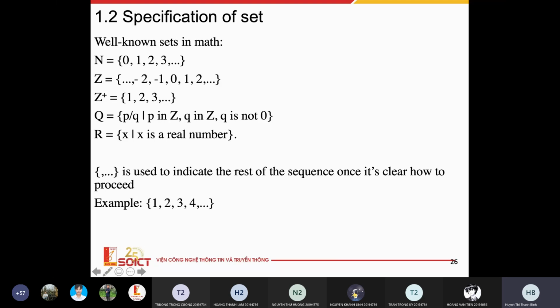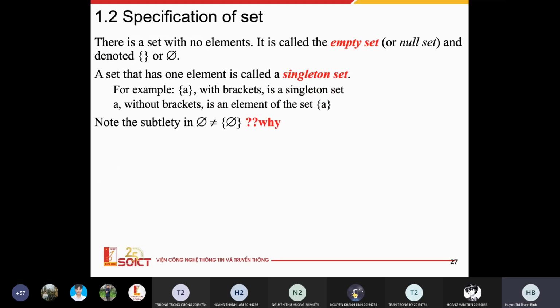Here are some well-known sets in math. There is a set with no element, and in this case it's called the empty set or null set, and we denote it like that.